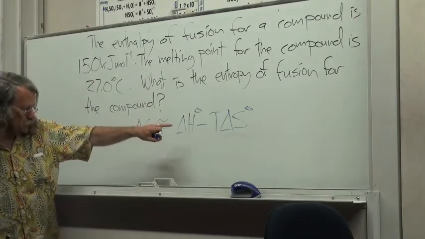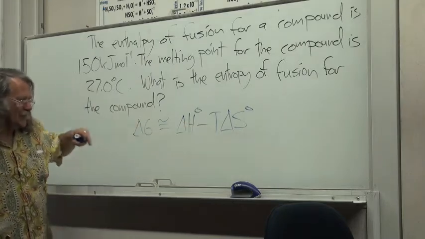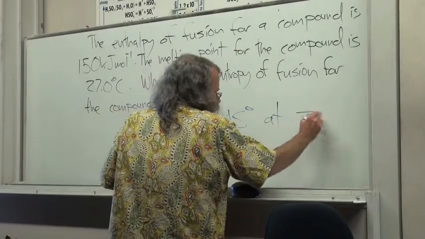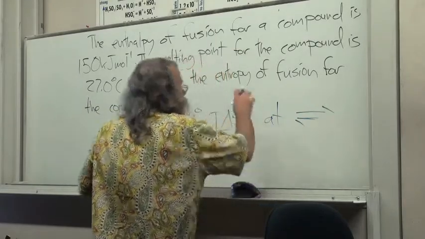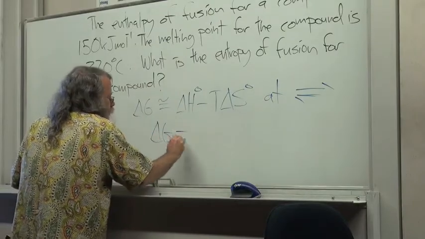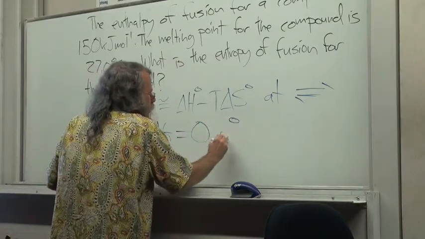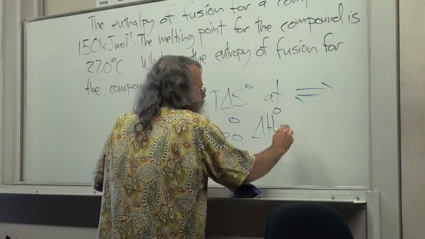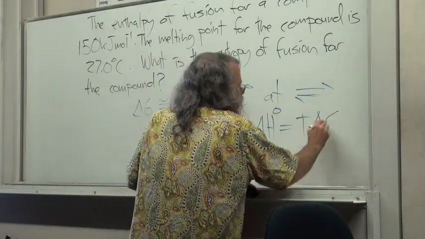And I'm going to use a double arrow to denote equilibrium. Delta G is equal to 0. Therefore, delta H naught is equal to T delta S naught.